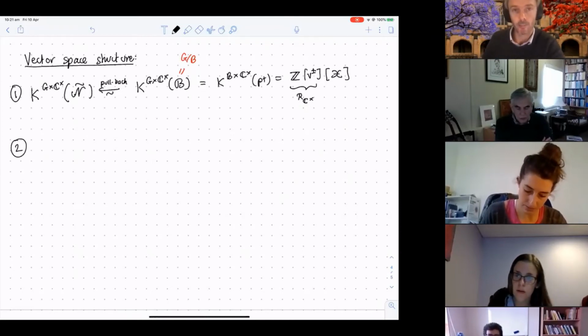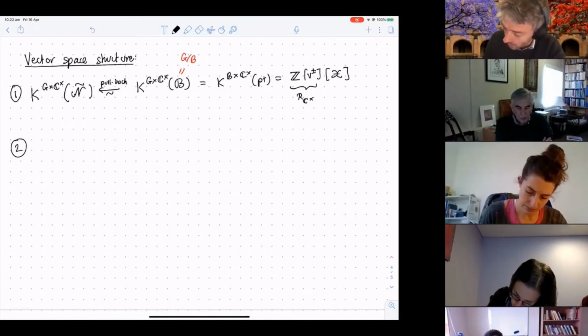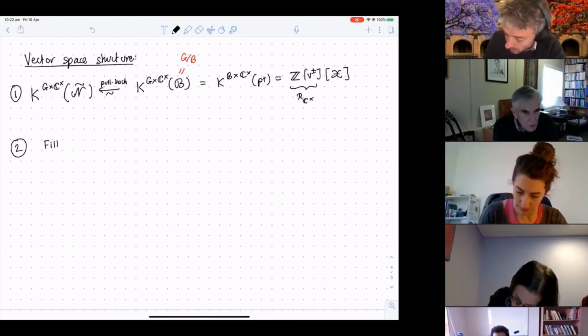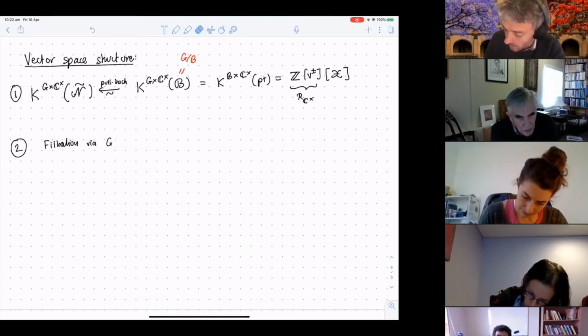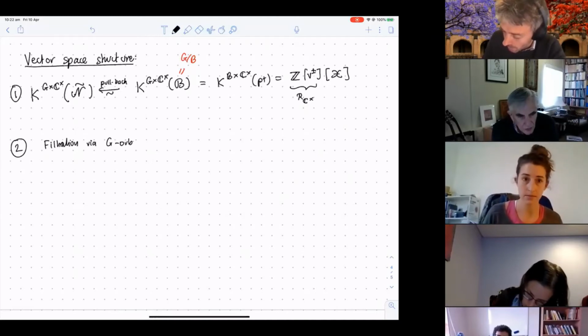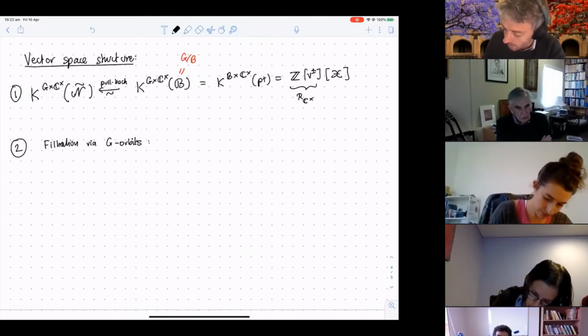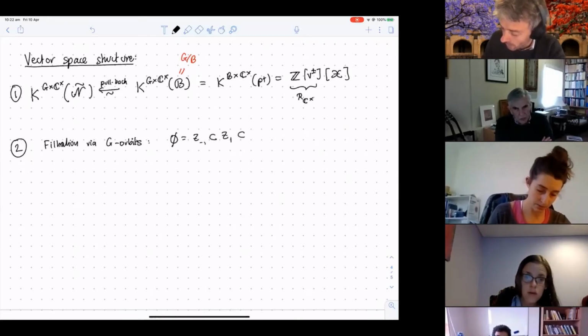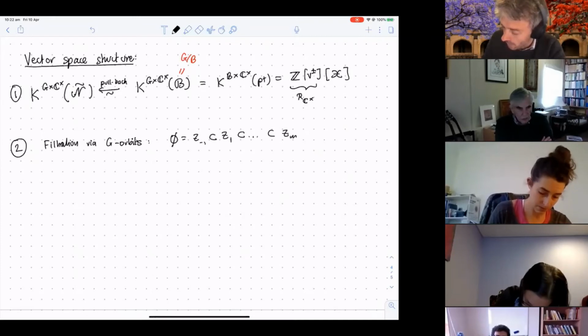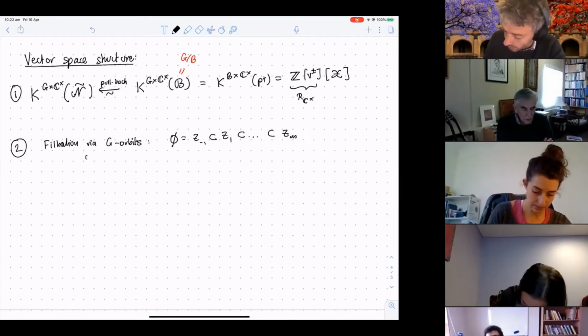For the Steinberg, it's a little bit more complicated. So what we'll use is the filtration via closures of.